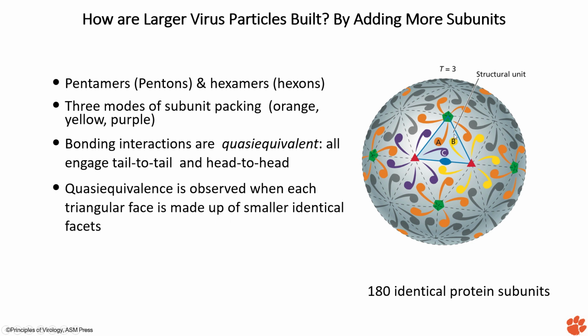So what we are looking at here is 1, 2, 3, 4, 5 proteins here. You are looking at another 1, 2, 3, 4, 5, 6 in here. The bonding interaction here and here will be different. That's why we call that quasi-equivalence.